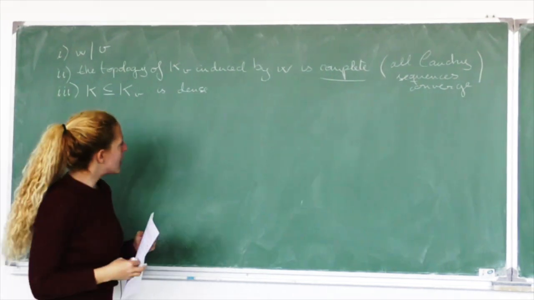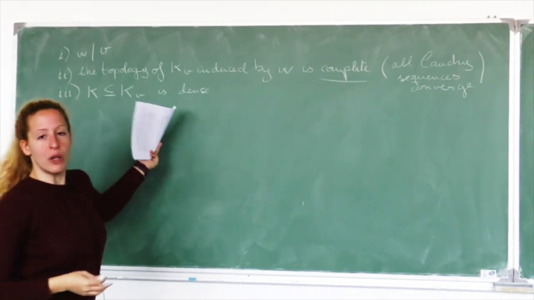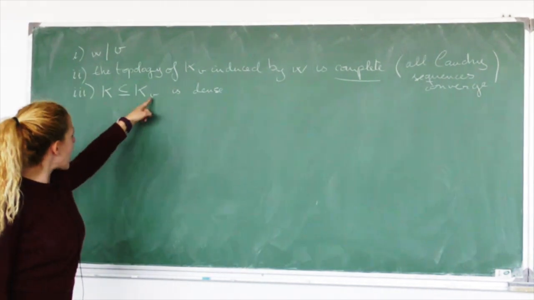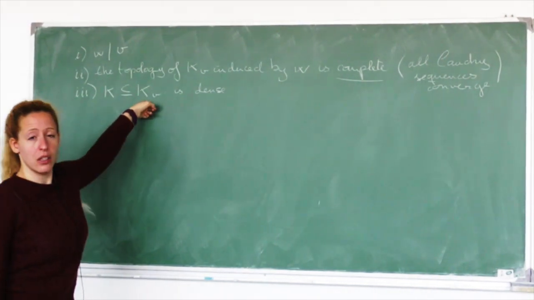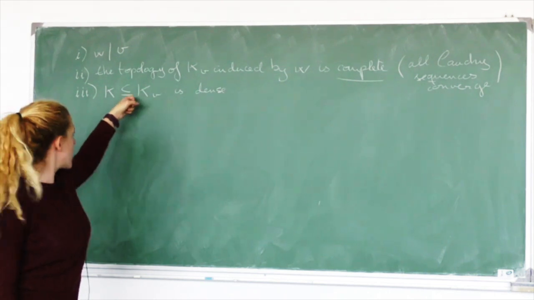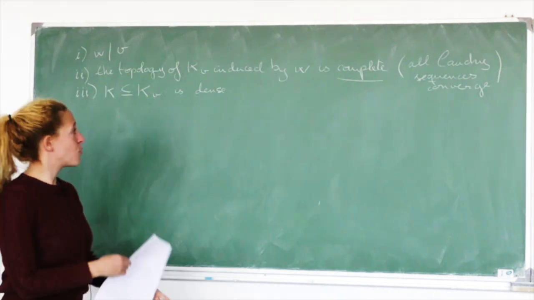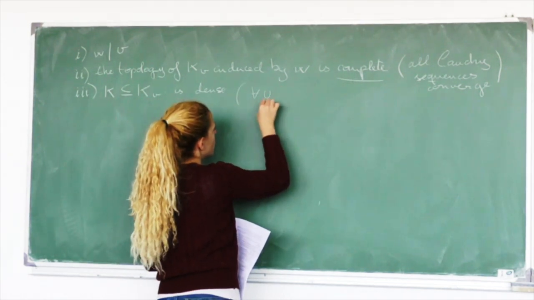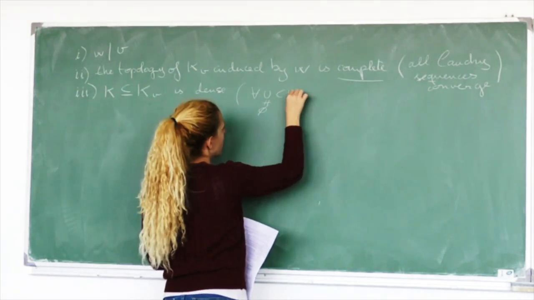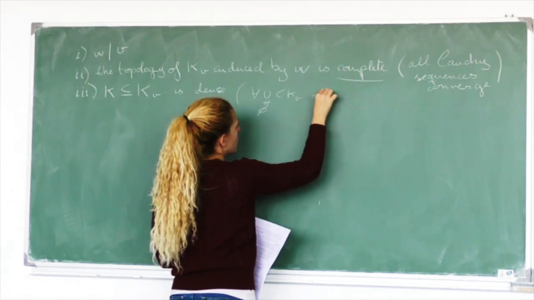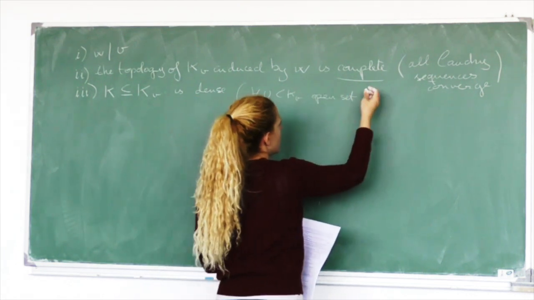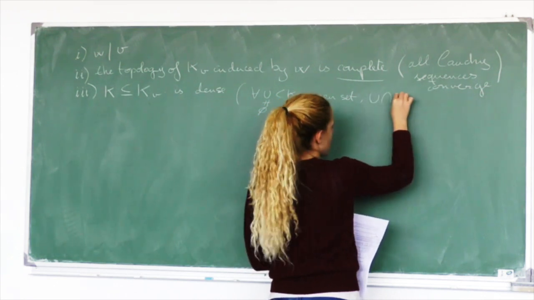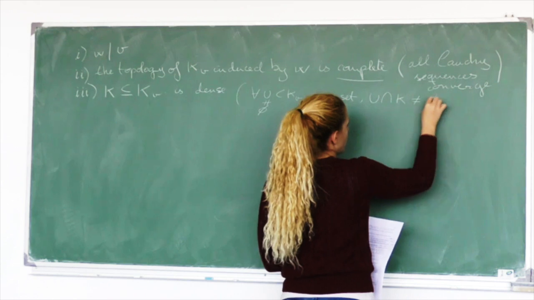What is the meaning here of being dense? Being dense just means that for any open subset in K hat V, the intersection with K is not empty. I can write it: for all U non-empty open set in K hat V, the intersection of U with K is non-empty.